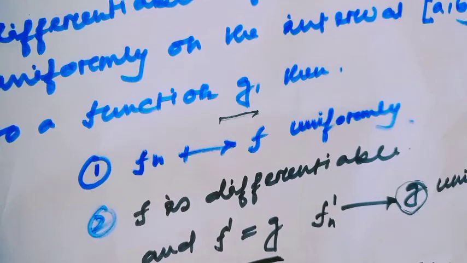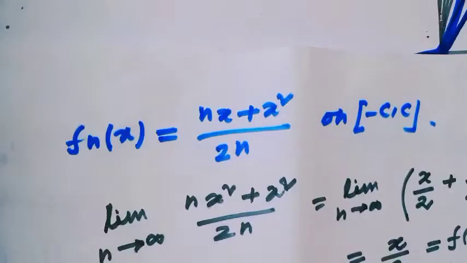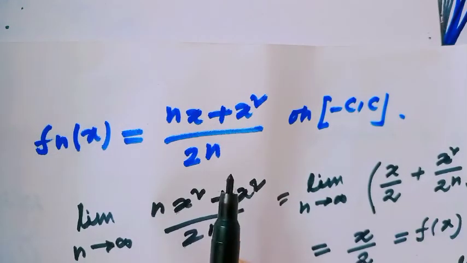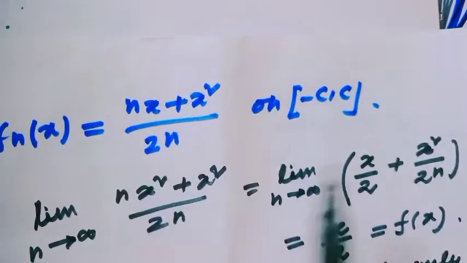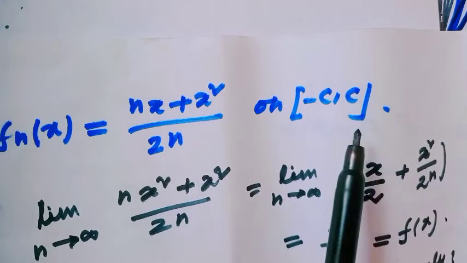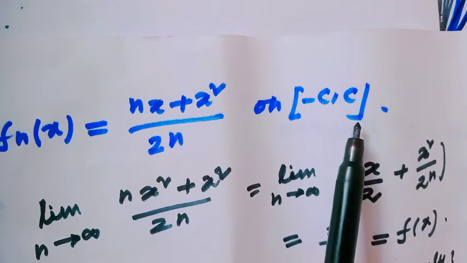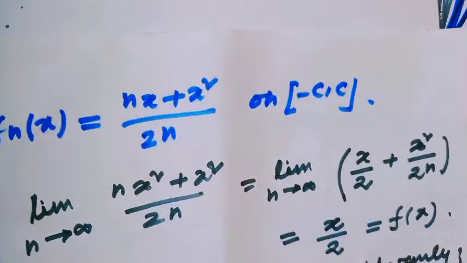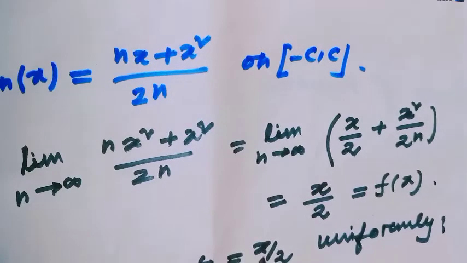Just at first see one question. Fn(x) equal to nx plus x square over 2n, which is defined on the closed interval minus c to c. At first see the pointwise limit.